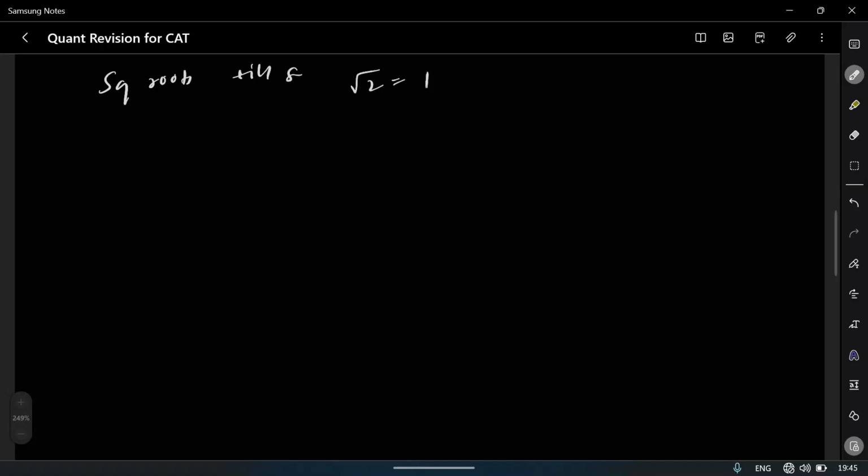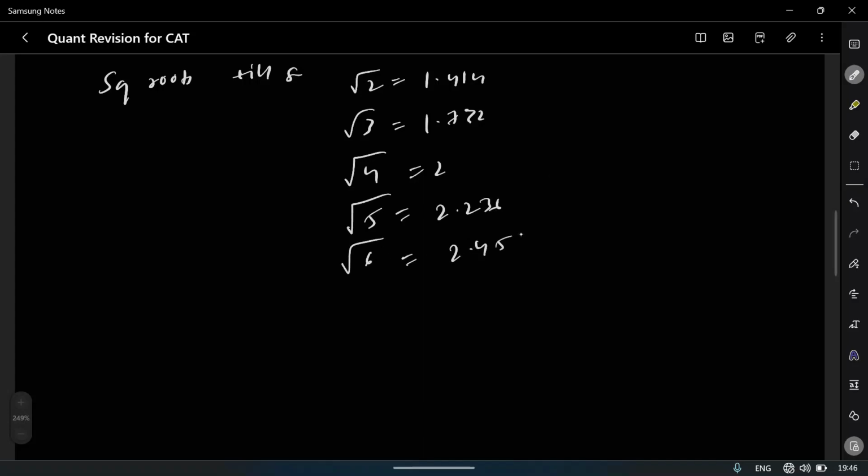Like root 2 is 1.414, root 3 is 1.732, root 4 is 2, root 5 is 2.236, root 6 is 2.45, root 7 is 2.645, root 8 is 2.82828.